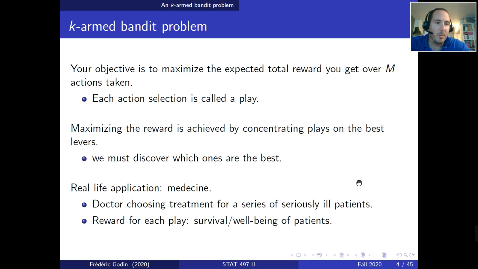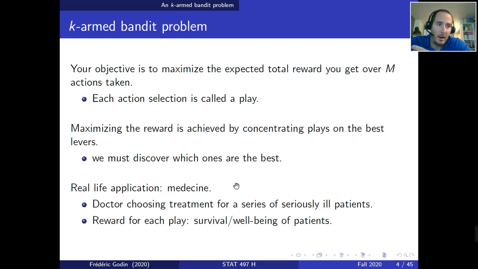This is a theoretical problem, but there are analogous real-life problems associated with this framework. There are many examples, but one possible example is in medicine. Let's say you have a set of patients that are seriously ill, and a set of possible treatments that you can give to patients. Every time you assign one of the treatments to a patient, you can see that as a play, although it's not a game.